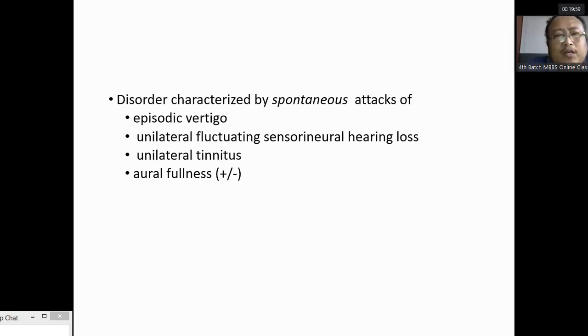Patients are usually worried about the vertigo and the autonomic symptoms like dizziness, vomiting, and sweating, and they don't worry about the hearing loss at the initial phase where it is a mild one.